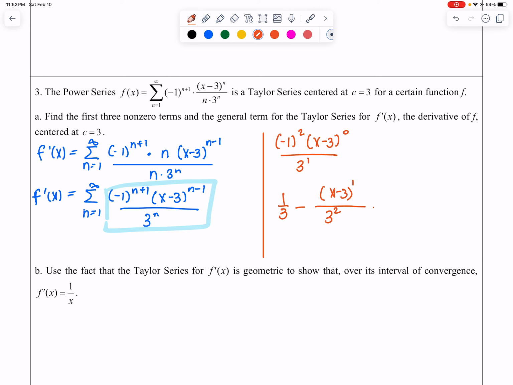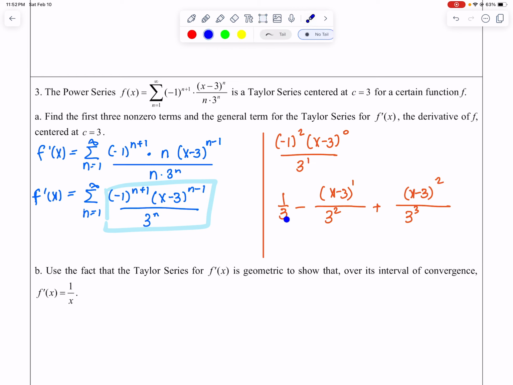My third term is going to be -1 to the fourth, x minus 3 to the second, and then 3 to the third power. -1 to the fourth is going to be a positive number, so that's positive. And then I have x minus 3 to the second power, and then 3 to the third power.